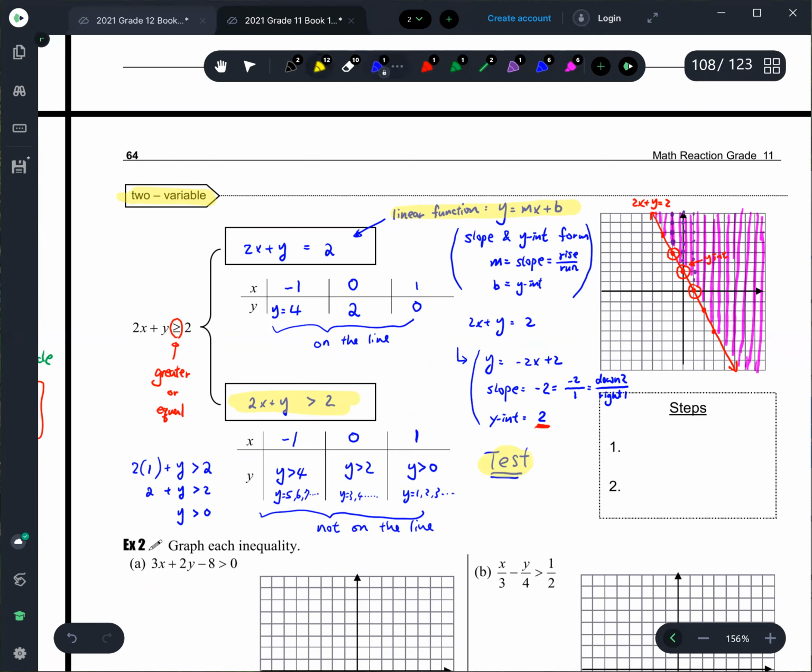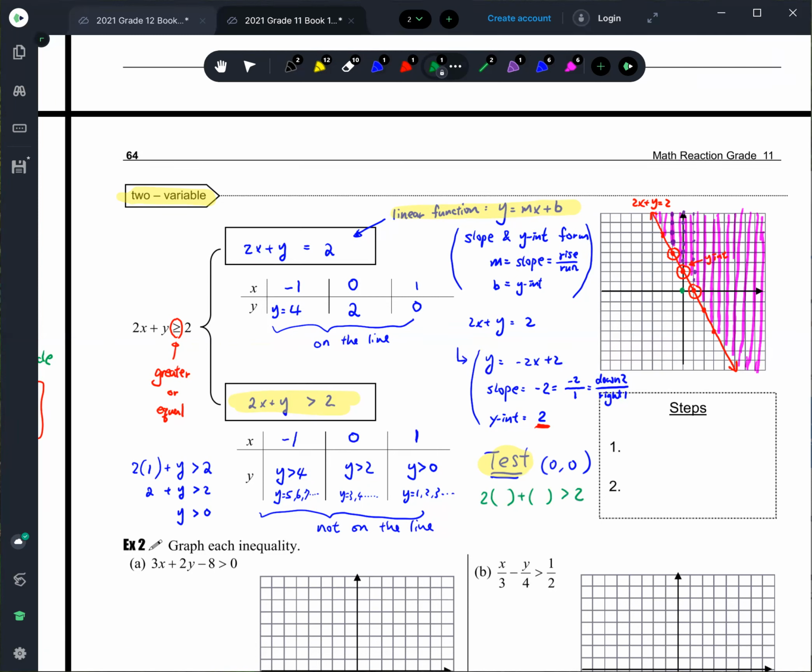So 2 times x plus y greater than 2. So I plug it in. Okay, 2 times 0 will be 0, right? Plus 0 is still 0. So your left side is 0. Right side is 2.